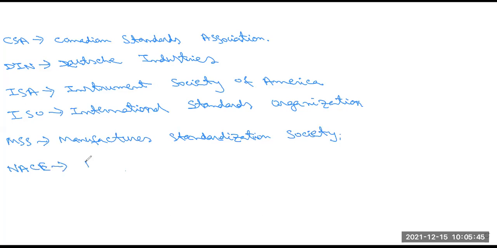This abbreviation is very important for your MCQ questions. So please everyone read this carefully and remember these things also. This is National Association of Corrosion Engineers.